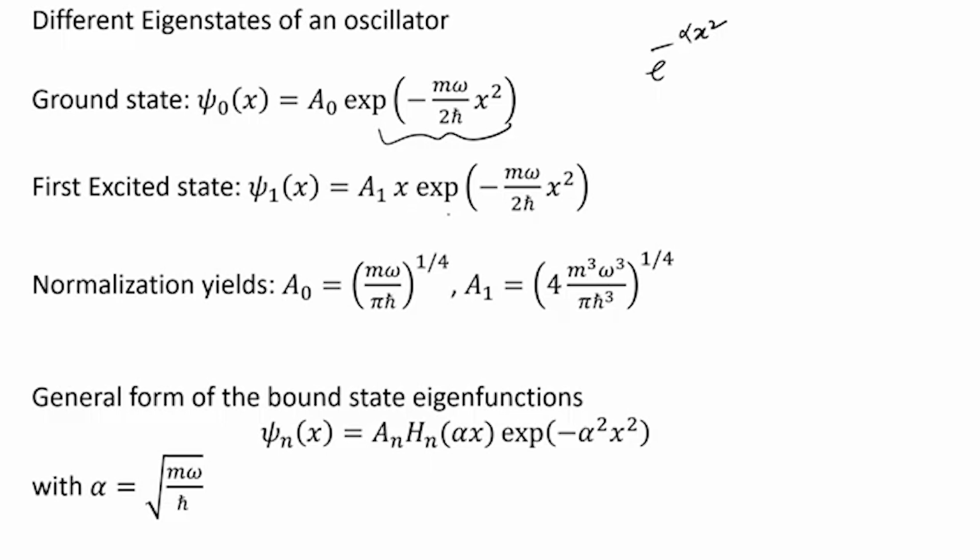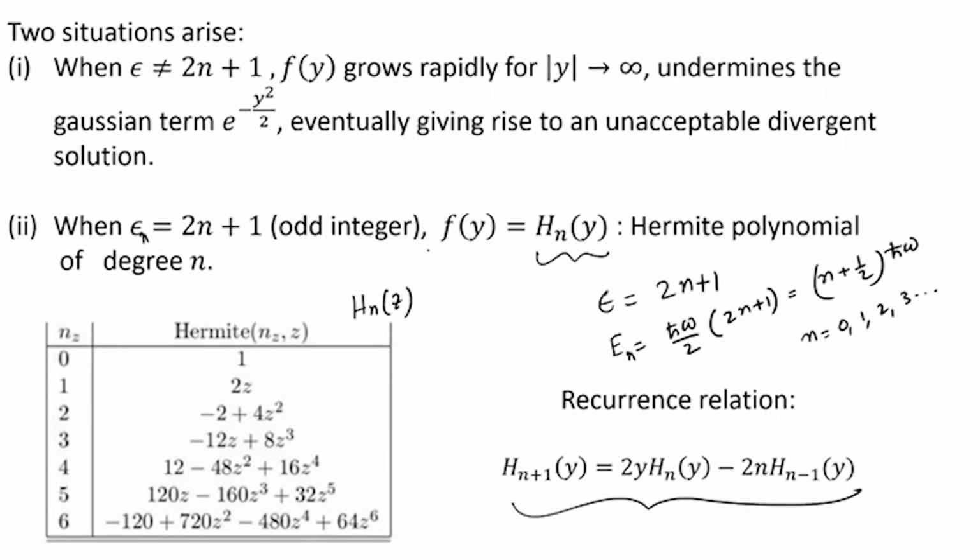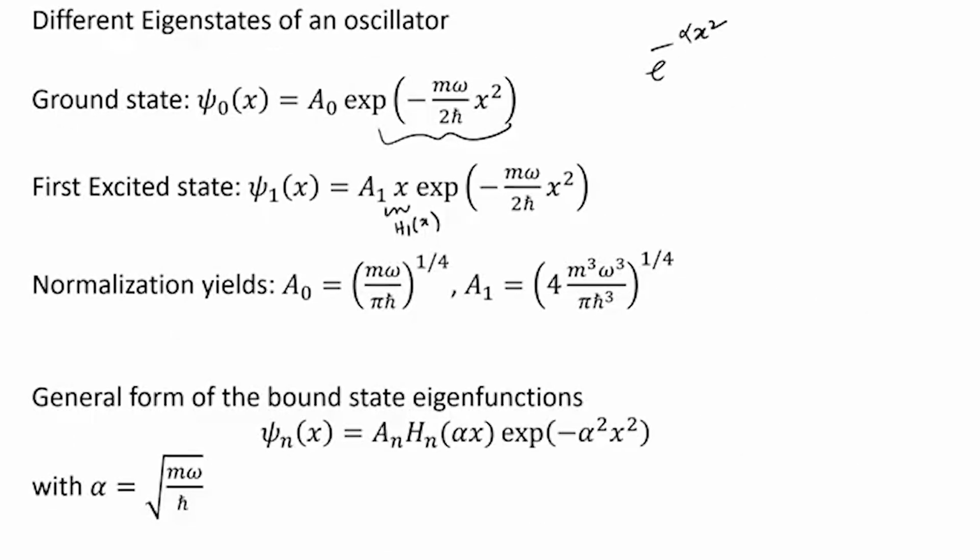So, it is a1 x, where a1 is some constant, times exponential minus m omega by 2 h cross x square, and so on. So, this is basically the first Hermite polynomial, which is H1 x. Of course, you see there is a factor of 2 here, there is a 2z which should be 2x here. So, that factor of 2 has been absorbed in this a1.